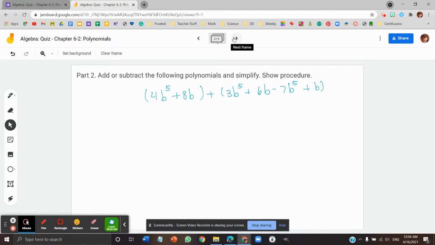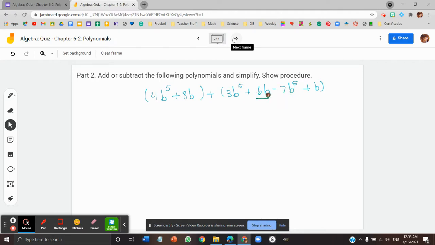Now, there's a little something different here, right? I can actually simplify what I have inside my parentheses. I have like terms inside the parentheses, so I can simplify before I combine it with the other one. So I have b to the fifths and b to the fifth.